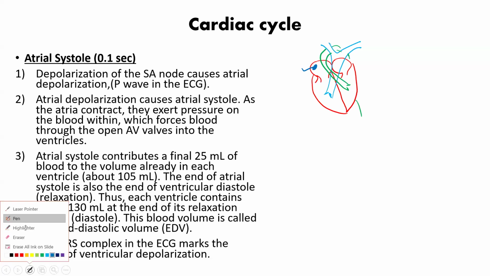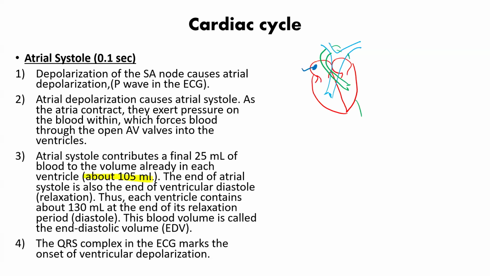So the total blood each ventricle contains is about 130 ml. Clear? And this is the end of ventricle relaxation. We say this is the end diastolic volume. So at the end of the ventricle diastole, 130 ml of blood is present in each ventricle.